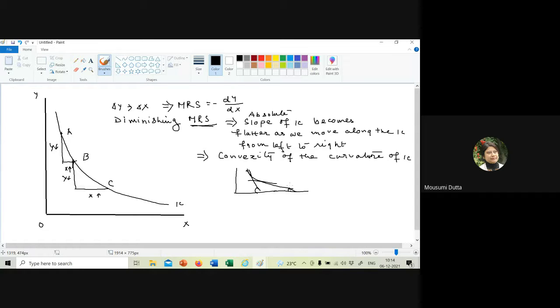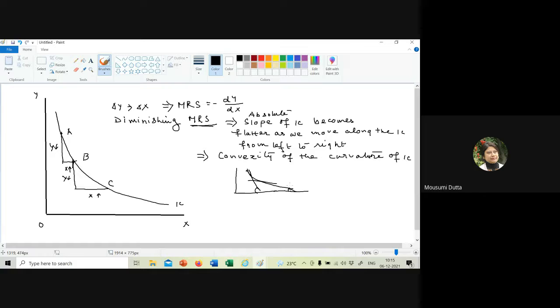So only for a convex curve, in other words, a strictly convex curve, it is possible that the slope will become flatter and flatter as we move along the curve. So the entire concept is interrelated.